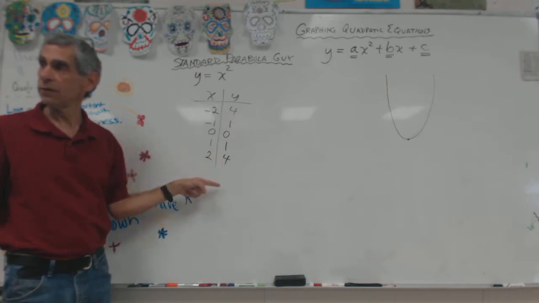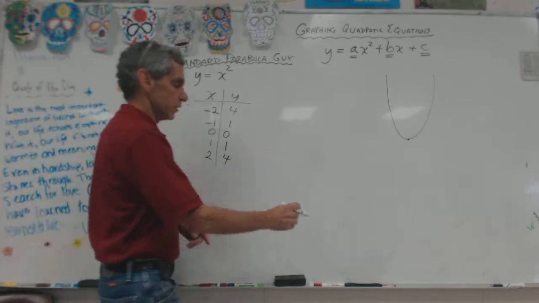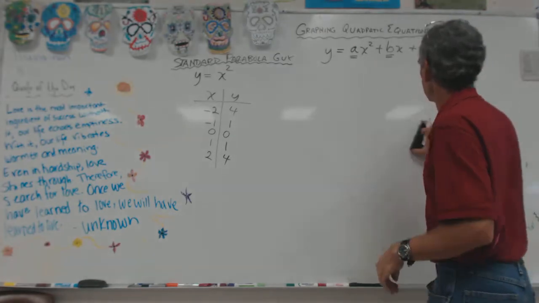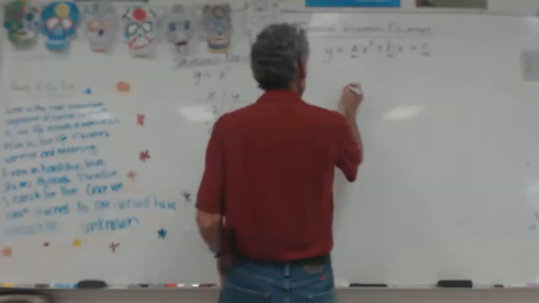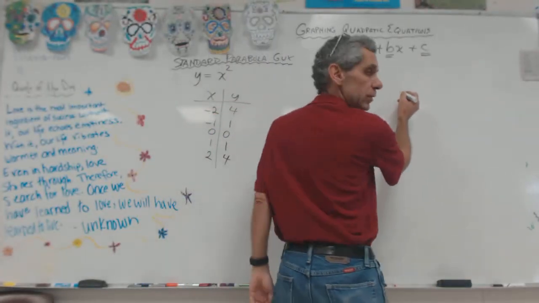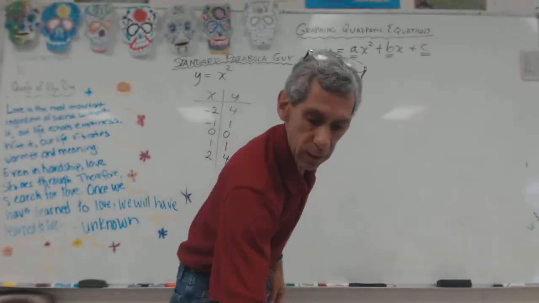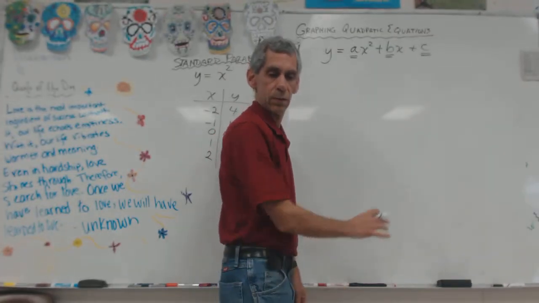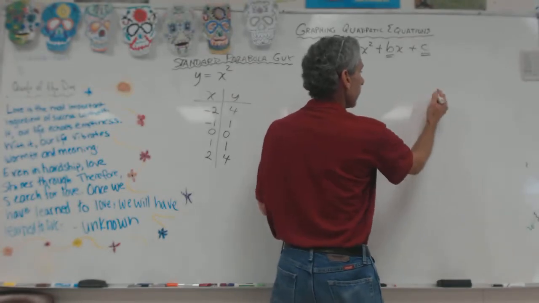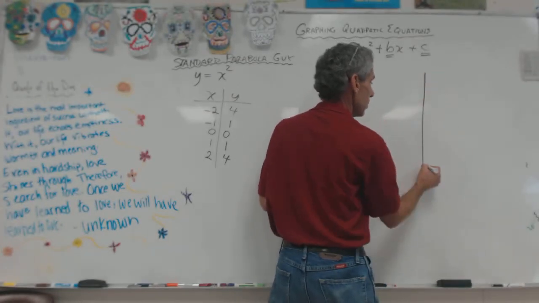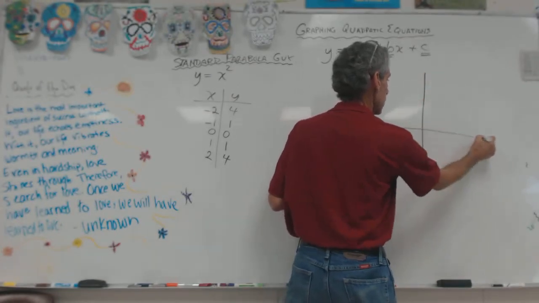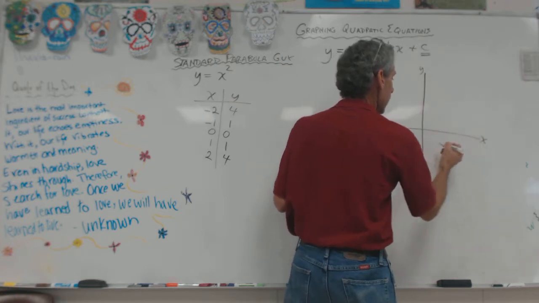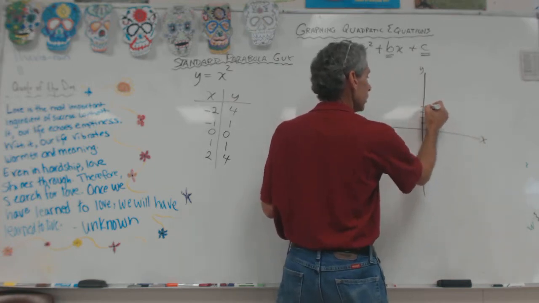These are all positive. Well, that's interesting. So let's graph this and sort of see what it looks like. So we've got a y and we've got an x. We got boom, boom, boom, boom, boom, boom.